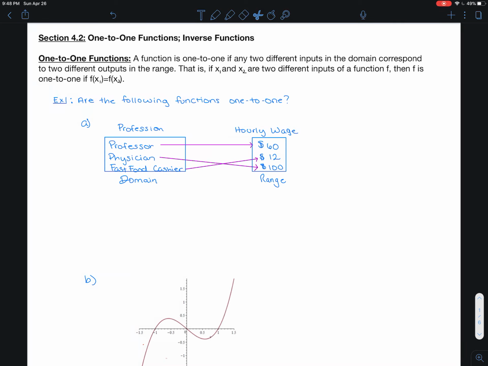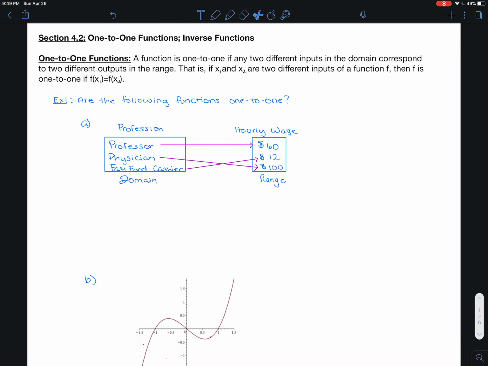Notice that professor, think of these as the x values, maps to only one y value, 60. But it's also true the other way around. The fact that professor only maps to one value in the range is a function, but the fact that 60 also only maps to one person is what makes it one-to-one.